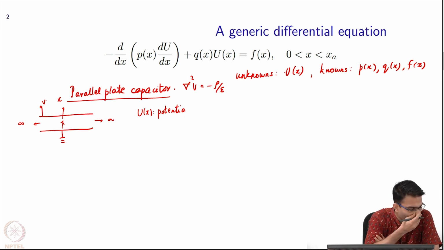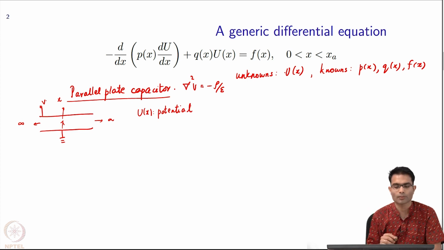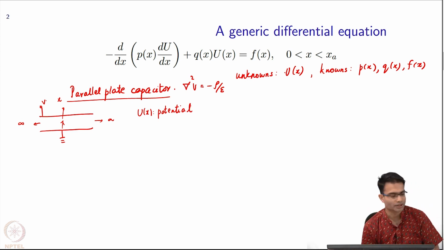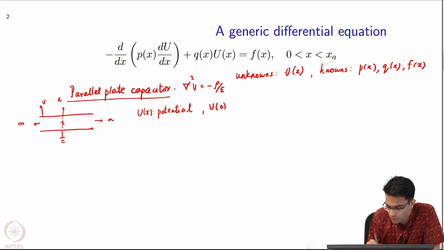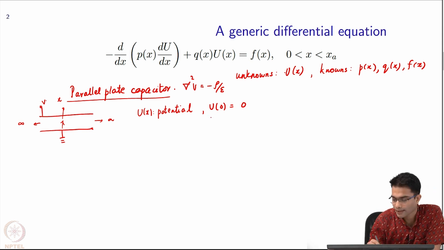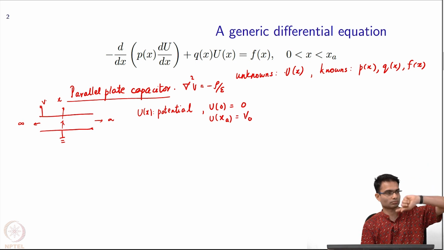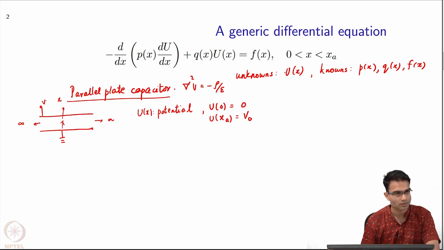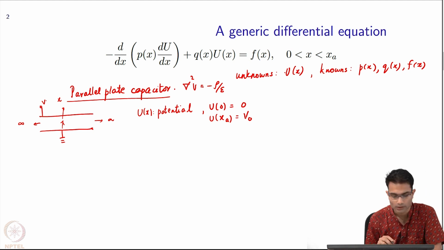And the potential at this point? u of 0 is going to be 0, it is a grounded plate, and the upper plate is maintained at some voltage V naught, and you want to find out how the potential varies as I go through the capacitor. That is something that you might want to calculate.